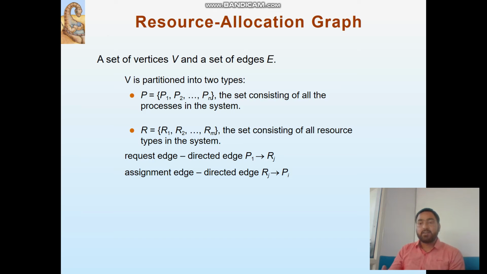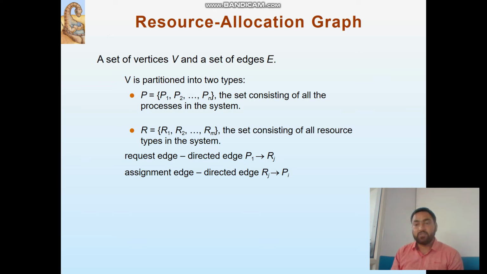That means whether one process is requesting a resource or a particular resource is allocated to some other process. In this resource allocation graph, we have a set of vertices V and a set of edges E. Now V is divided into two types, holding the processes and resources.